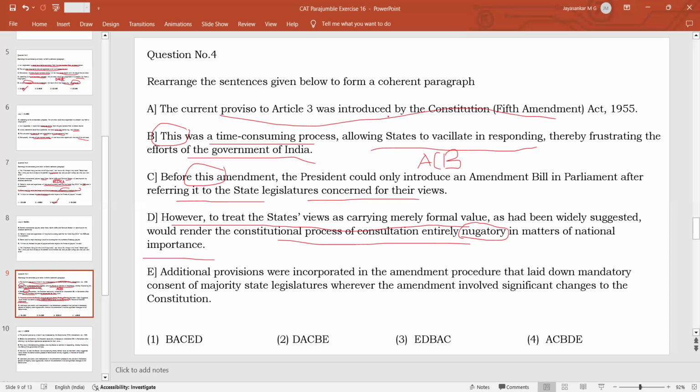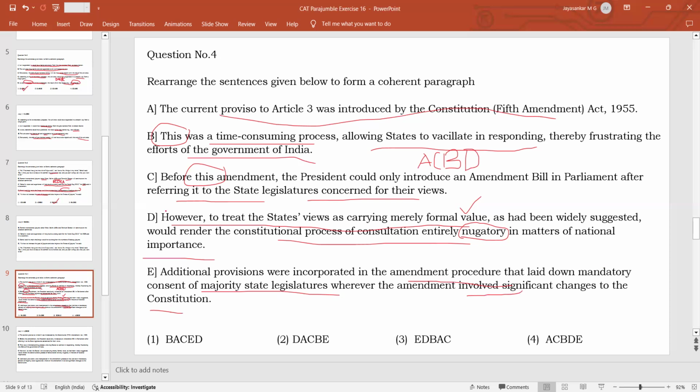So if we introduce the bill like this, the views of the state governments become merely formal, or they will not have any value, as a result of which the constitutional process of consultation will become meaningless. So we are introducing a problem that could arise because of the bill in this manner. Then comes the last sentence. Additional provisions were incorporated in the amendment procedure that laid down mandatory consent of majority state legislatures wherever the amendment involved significant changes to the constitution. So this is the final result.